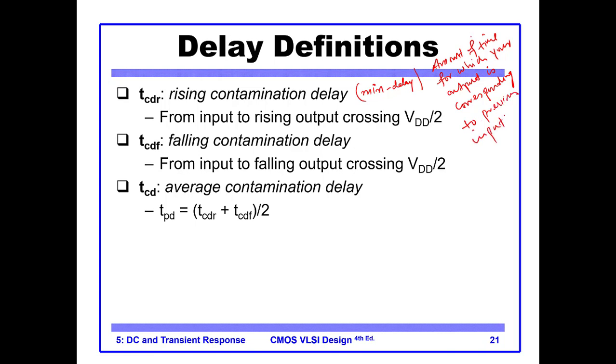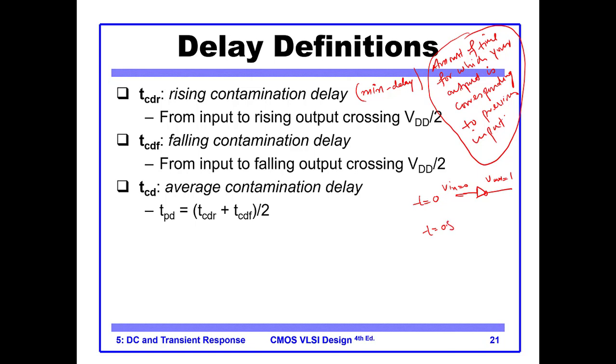So imagine that the input is 0. So you have this inverter, the input is 0. So at that point the output should be 1. Let's say that this was at t is equal to 0.